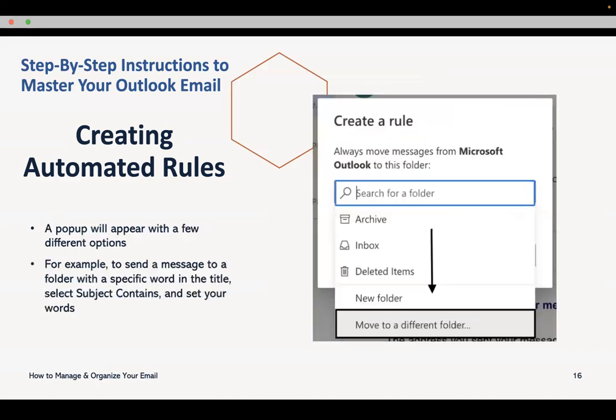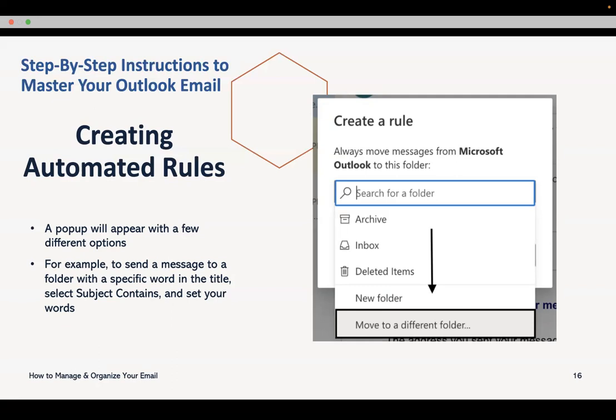A pop-up will appear with a few different options, and you can decide to have folders set with specific words or phrases, and whatever email comes in with those specific words and phrases will get sent straight to that folder.